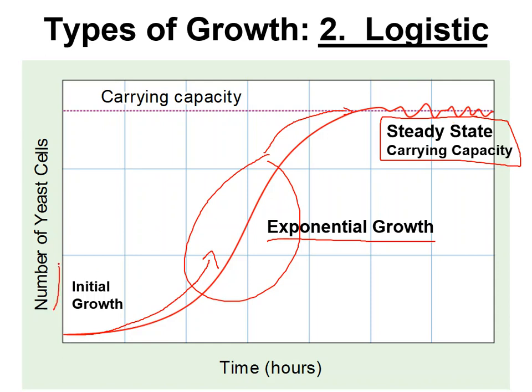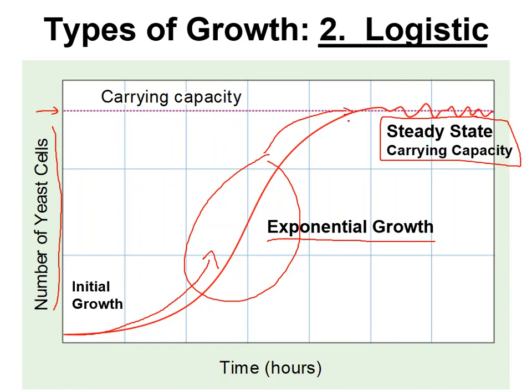So if you look on the y-axis where it says number of whatever, in this case yeast cells, there's a certain number. This could be 10,000, it could be 60, it could be 4 million, but it's some number of organisms that the environment can sustain, right? That's called the carrying capacity.